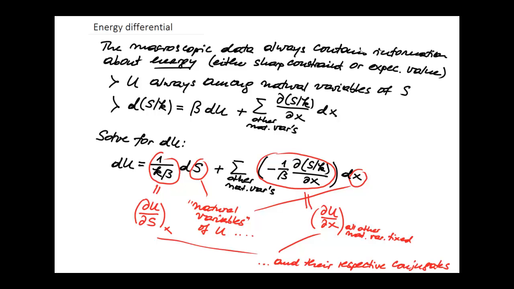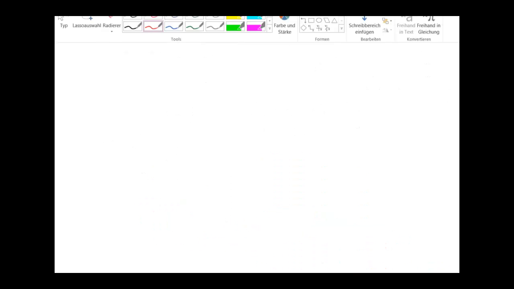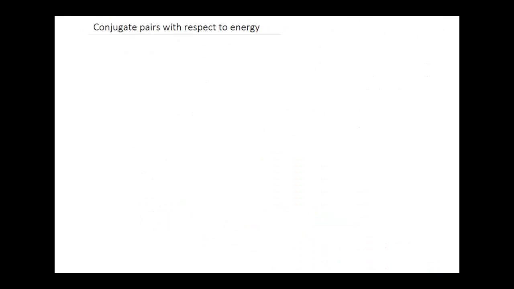Now this will help us identify the physical meaning of the various conjugates, because the energy differential is more familiar to us than the entropy differential. So let's look at conjugate pairs with respect to the energy.